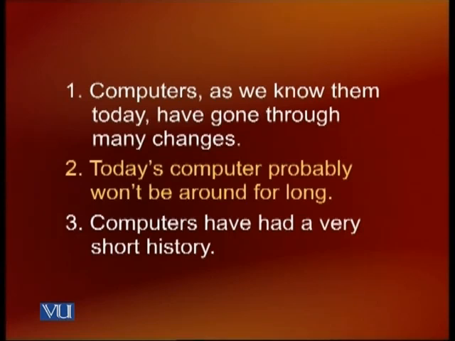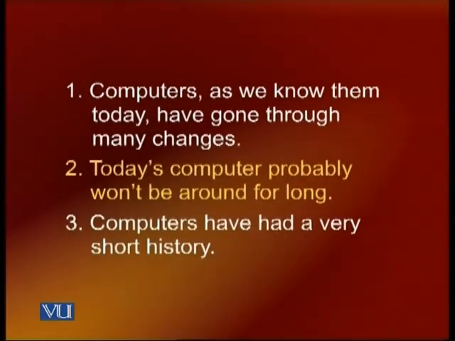The main idea is in statement number 1, which is that computers, as we know them today, have gone through many changes. And statement number 3, computers have had a very short history. They express the main idea of the text. Statement number 2 does not.